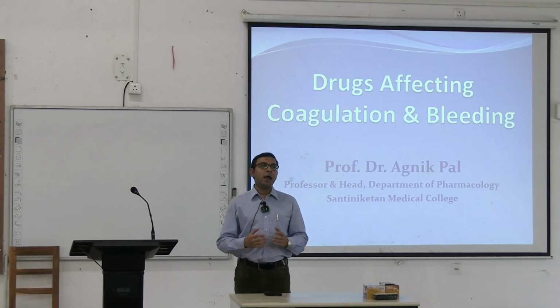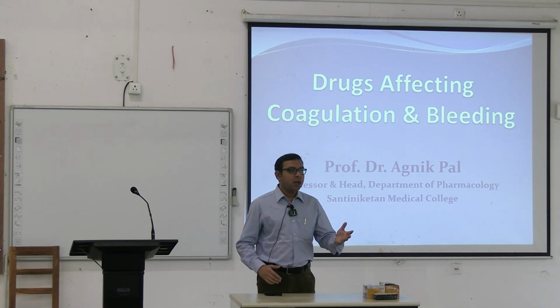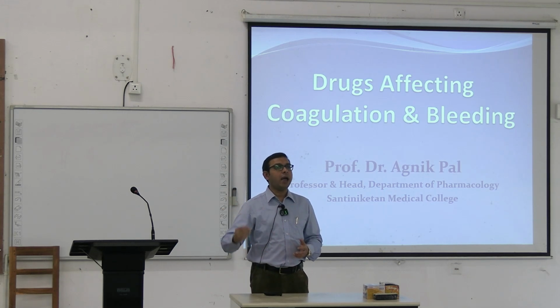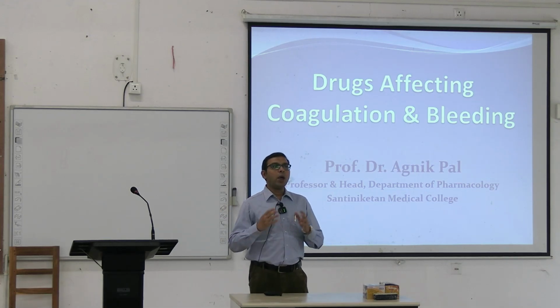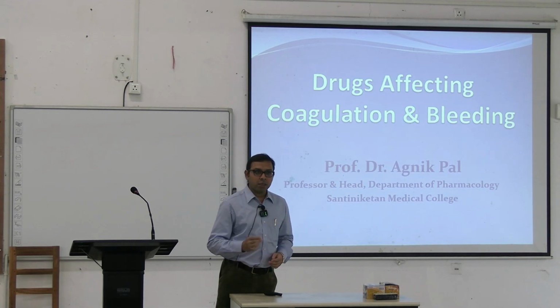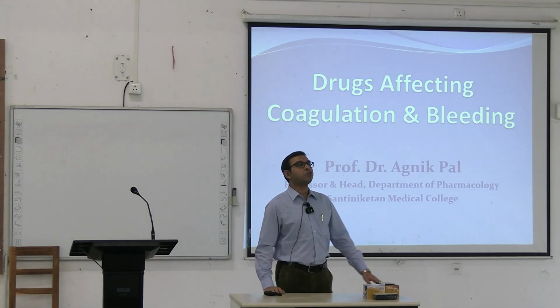So when there are problems, there will be either more bleeding or more thrombus formation, or blockade of the arteries as well as the veins. When the blockade occurs within an artery, that is known as an arterial thrombus, and when it occurs within the veins, it is known as a venous thrombus.